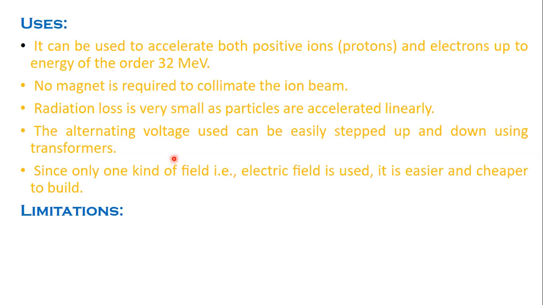The alternating voltage used can be easily stepped up and stepped down using a transformer. If you want to get a particle with higher energy, you can easily increase the potential difference between the electrodes by using suitable transformers. Since only one kind of field, that is the electric field, is used, it is easier and cheaper to construct. It is easier and cheaper to build.